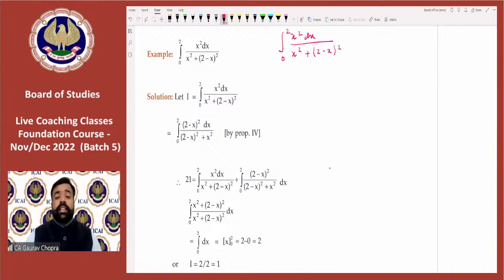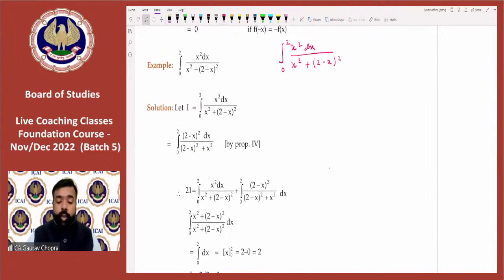Now, by seeing this question, it becomes very complex. But one thing we can do is see which property is applicable here. Here x is written, and here it is 2 minus x. And 2 is available in the limit also, because the limit is from 0 to 2. So whenever the limit is from 0 to a certain value, we can apply the a minus x formula.